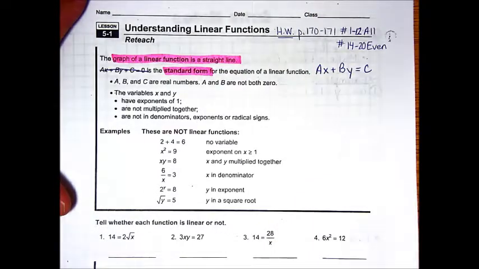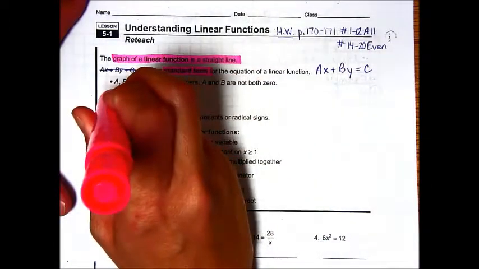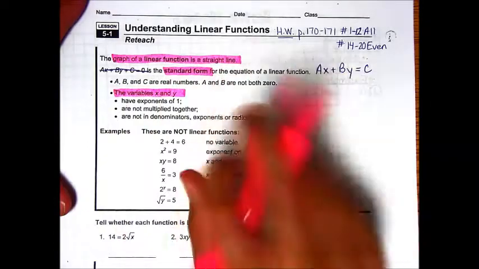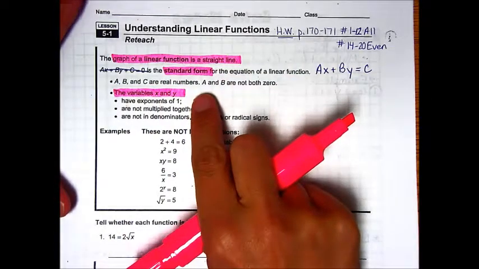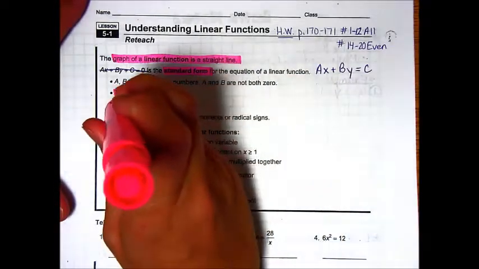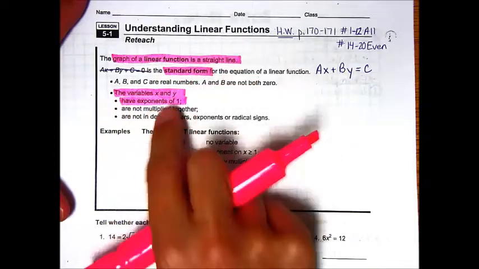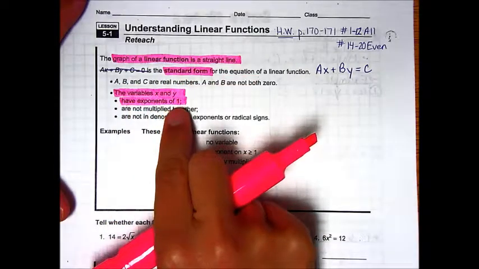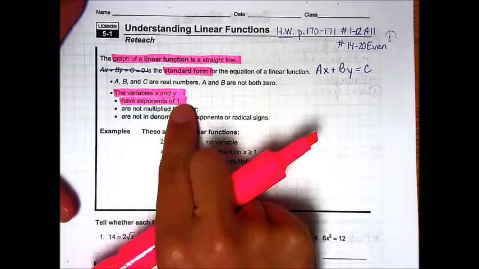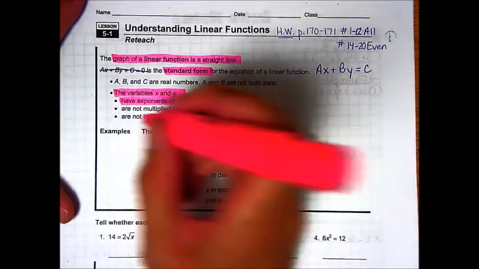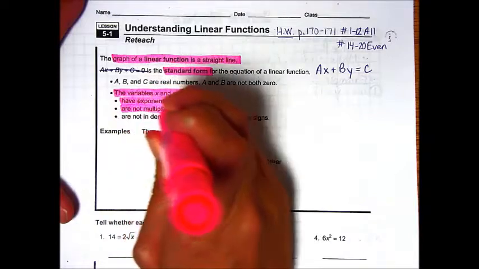But then here are some other rules that are really important. In order to be a linear function, there are some very important rules about the variables x and y. Your x and y have to have exponents of 1. So if you see anything that is an x squared or a y squared or a y to the third power, that is automatically not linear.